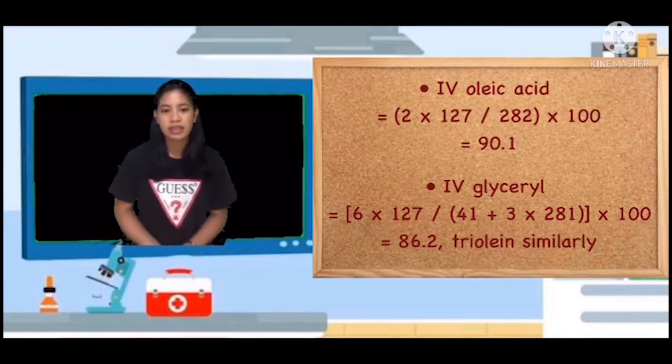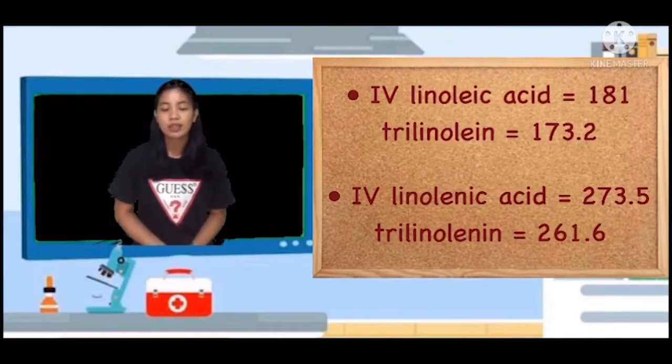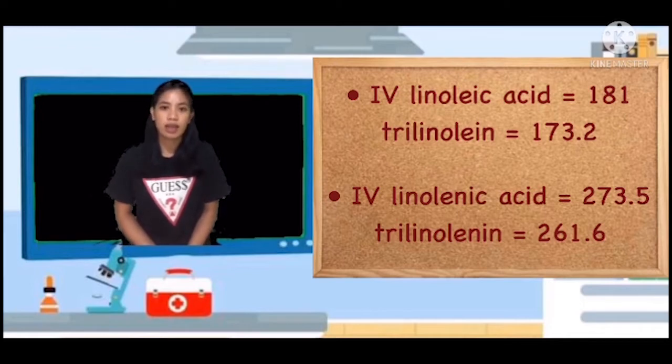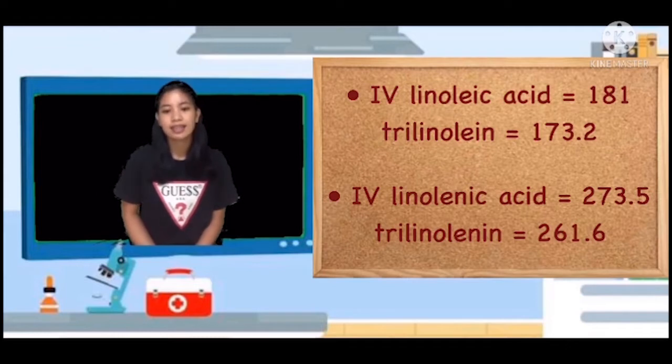Then the IV of linoleic acid, which is equivalent to 181, and trilinolein, which is equivalent to 173.2. Then lastly, the IV of linolenic acid, which is equivalent to 273.5, and its trilinolenin is equivalent to 261.6.